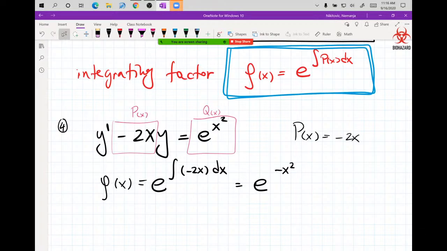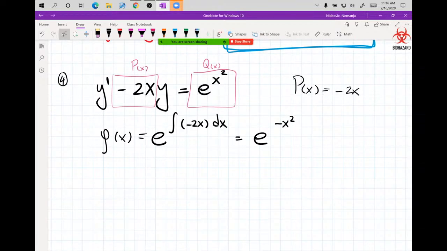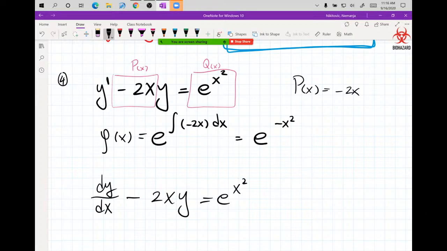Once you have your integrating factor, you are going to take your equation and multiply it through by the integrating factor. So you're going to have your dy dx, or just y prime, minus 2xy equals e to the x squared.